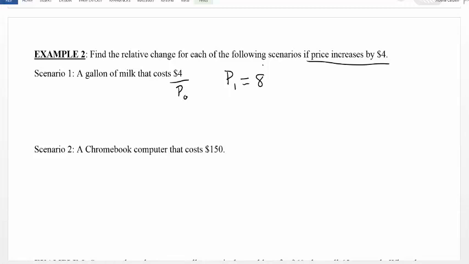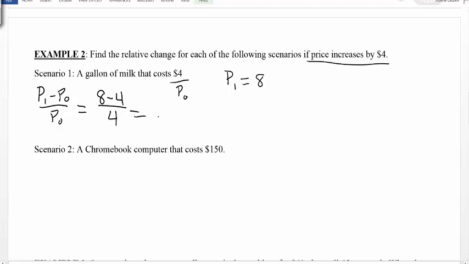Now, when we plug this into our formula, P sub 1 minus P sub 0 divided by P sub 0, we're going to get $8, the new price, minus $4, the original price, divided by the original price of $4. And 8 minus 4 is 4, divided by 4 gives us 1.